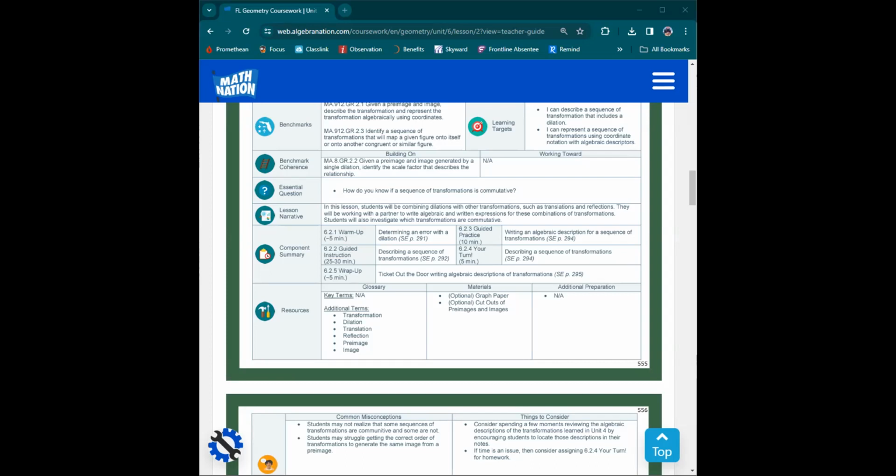Maybe we can figure out a point of dilation for it using a couple of different options. Okay, so we're just going to dive right in.